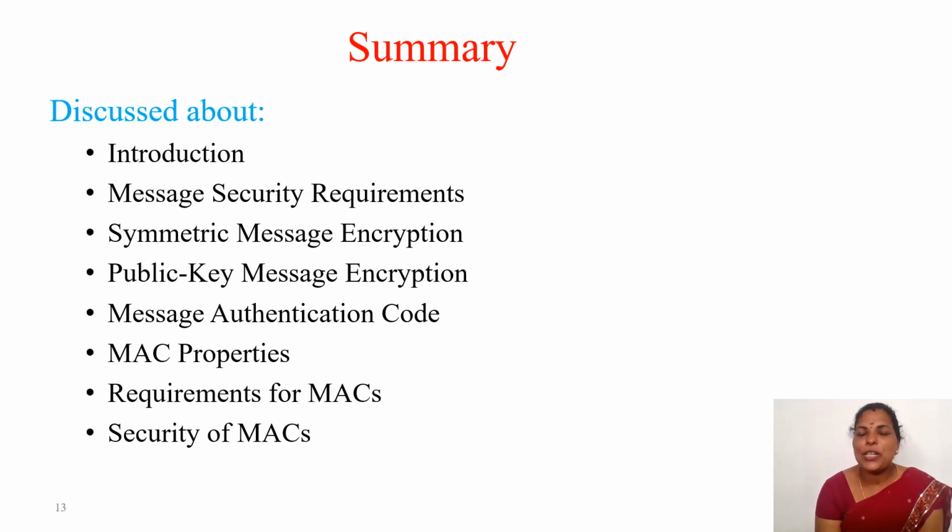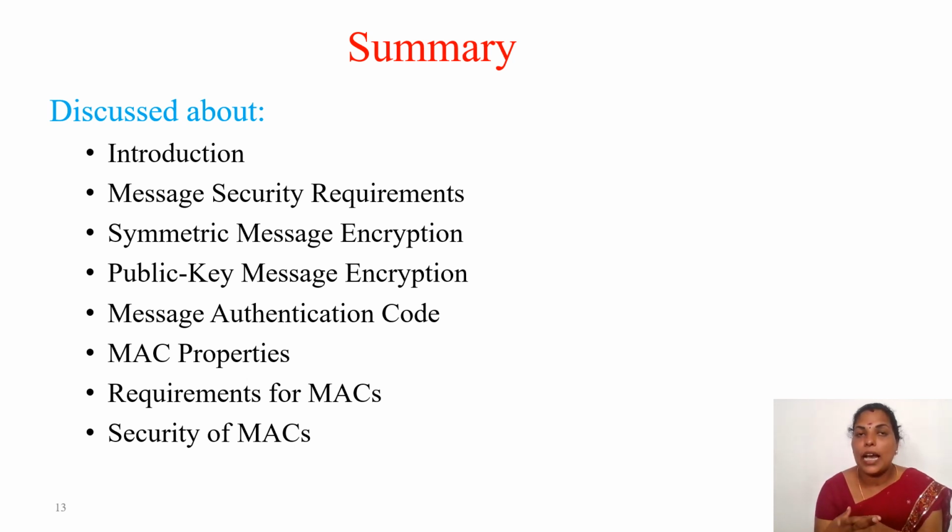In this presentation, we have discussed the introduction to message authentication, then message security requirements, that is, the general requirements. For message authentication, the requirements we saw are masquerade, content modification, source repudiation, destination repudiation, and timing.